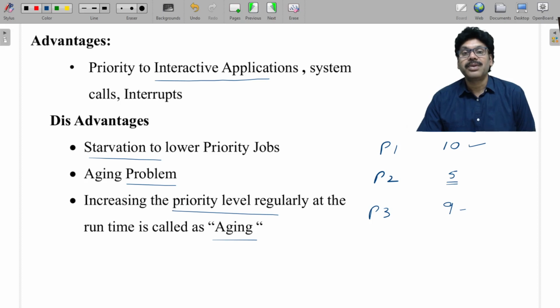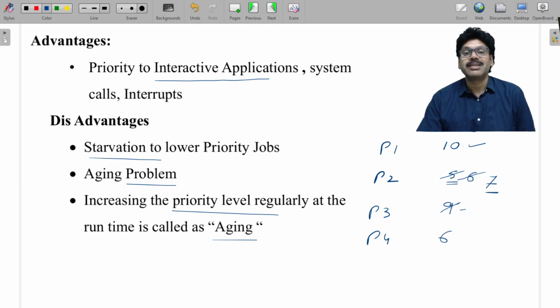So what will aging do instead? To solve the problem of starvation, every time a process gets executed, its priority will be increased. If one more process arrives with something like 6, then this waiting process will be given a chance.